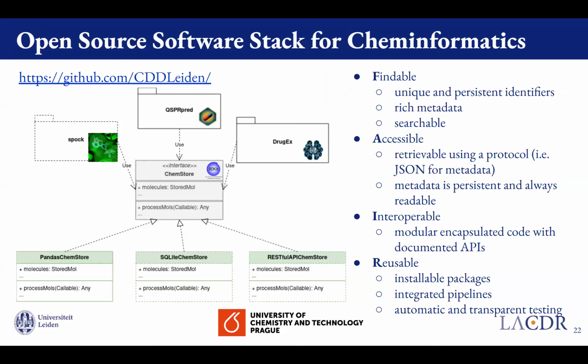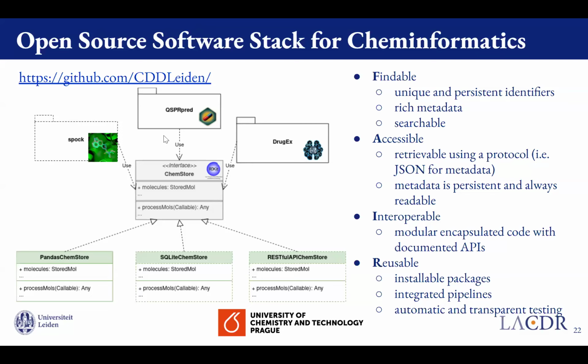The angle that we approached this problem from is that we developed a notion of a common chemical storage API in Python. What's underneath can be a database, a data frame, a REST API, or your favorite chemical registration system. And then we developed our tools to use this storage system.